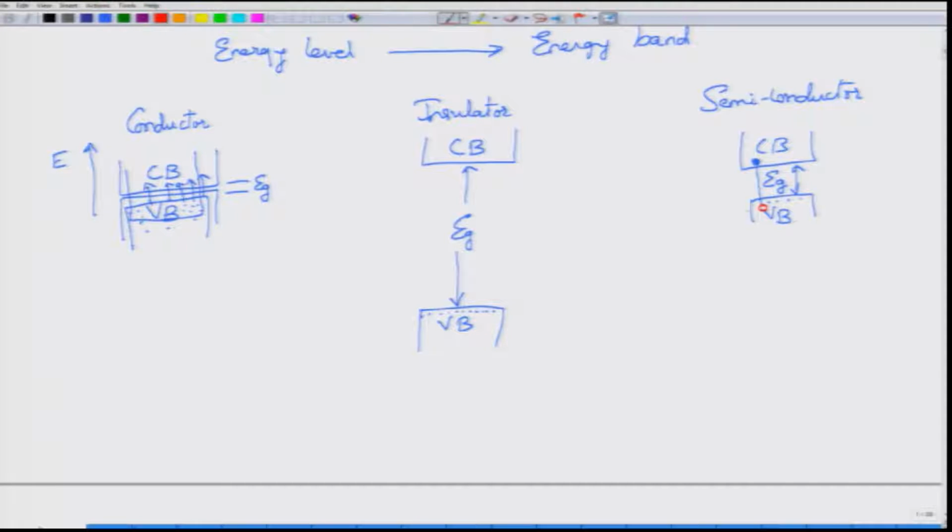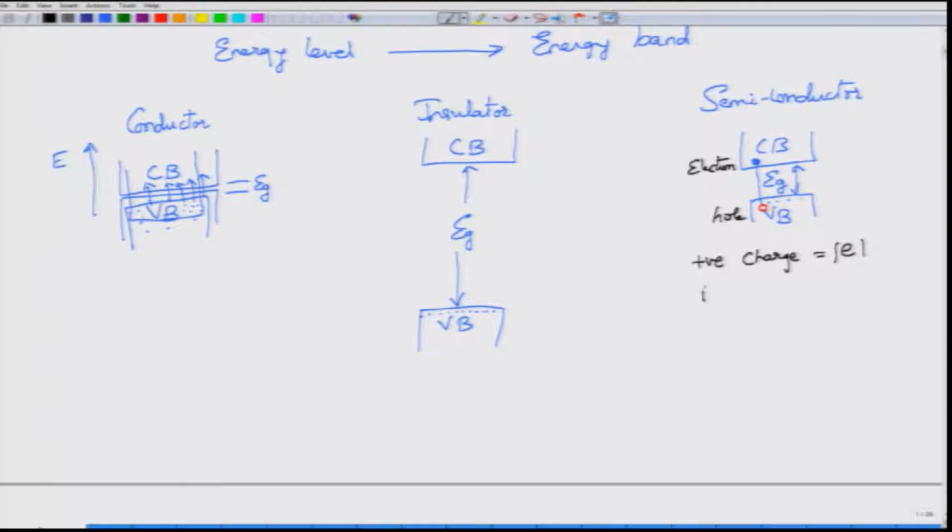So, this is called a hole, and whatever is actually here is an electron. When an electron jumps from the valence to the conduction band, it leaves behind a hole. The characteristic of a hole is that it carries positive charge, exactly equal to the magnitude of the electron charge.